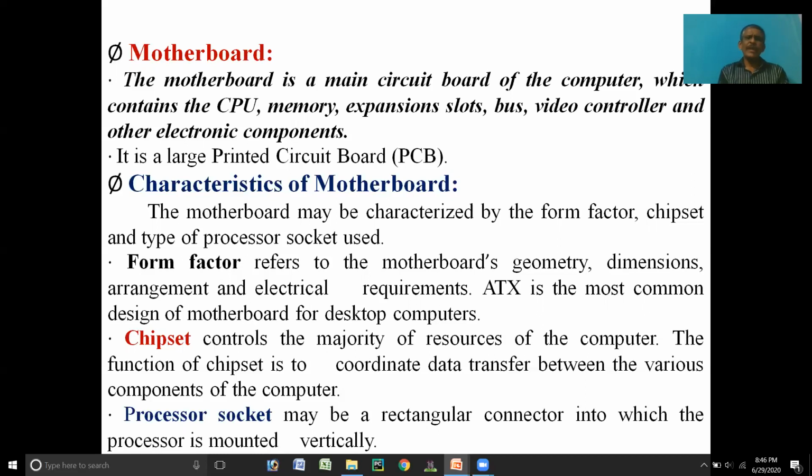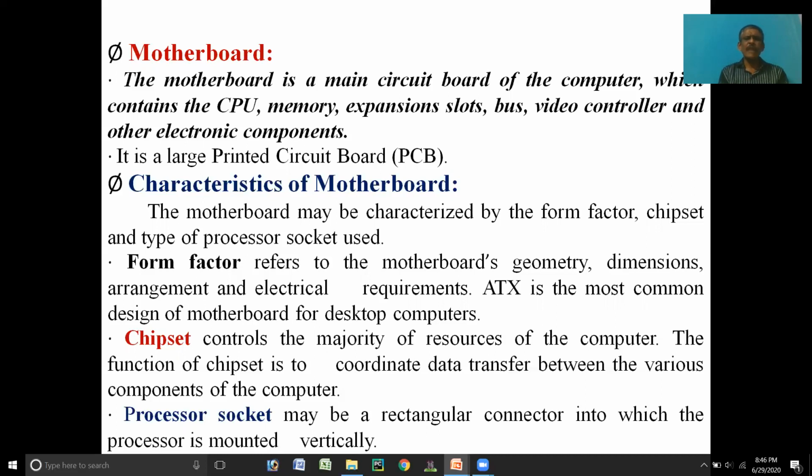So after knowing what is a motherboard, now we move on to the next heading, characteristics of motherboard. The motherboard has three characteristics. First one is called form factor. Second one is called chipset.